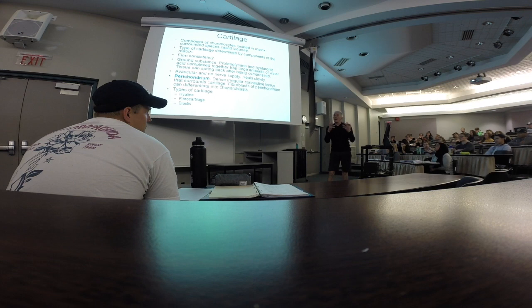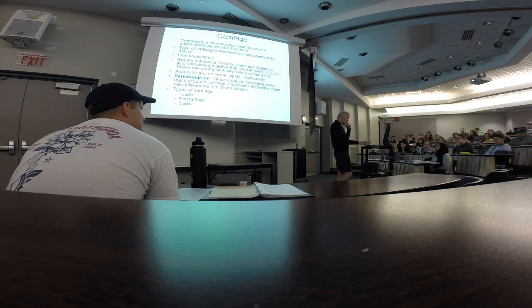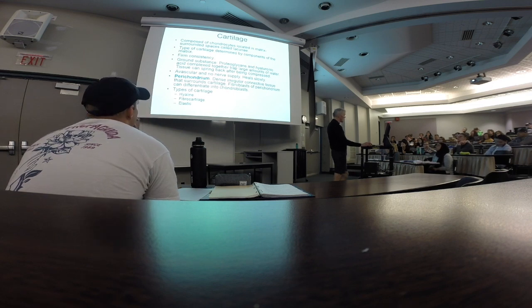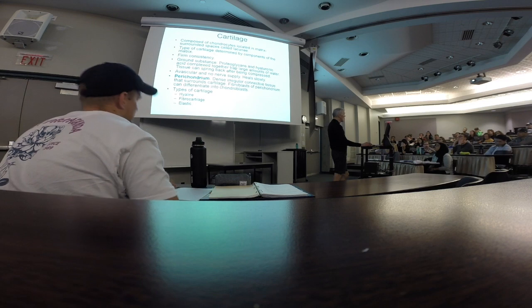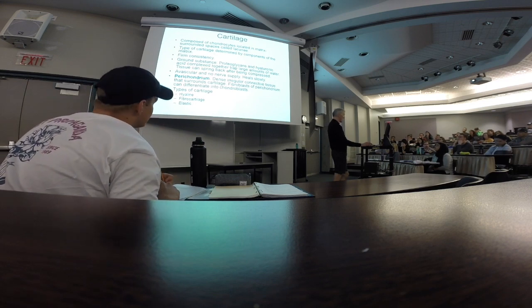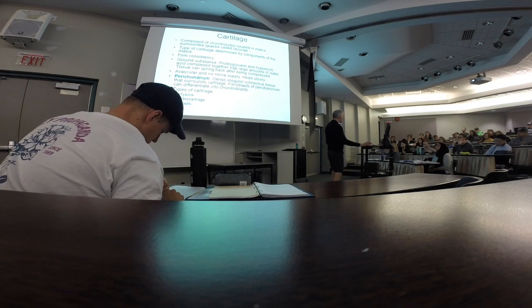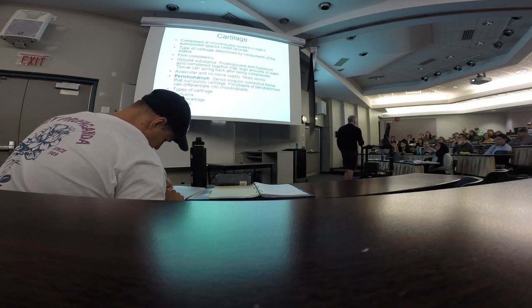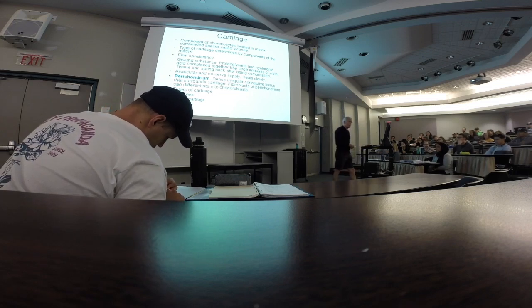So it has quite a high amount of proteoglycan aggregate, and it has mostly elastic fibers in it. It has a firm consistency. Its ground substance is proteoglycan and hyaluronic acid together, which traps water. And, of course, depending on the cartilage, it has either reticular, collagen, or elastic fibers in it.